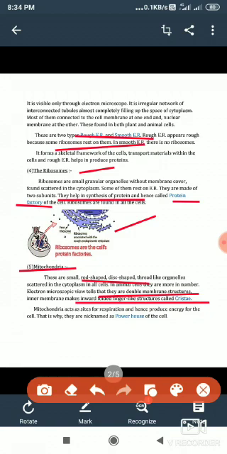These cristae increase the surface area for reaction, because mitochondria is a very important organelle which produces energy for the cell, because respiratory reaction takes place in them, and the more the reaction takes place, the more energy will be produced. To increase the surface area, these cristae are formed, and because they produce energy for the cell, they are also nicknamed the powerhouse of the cell.